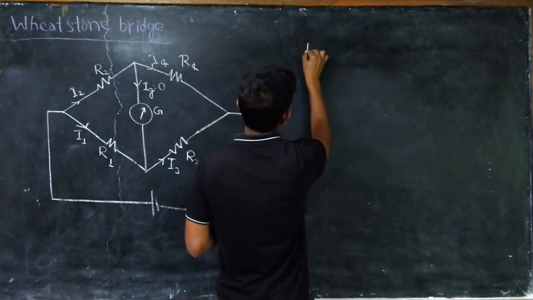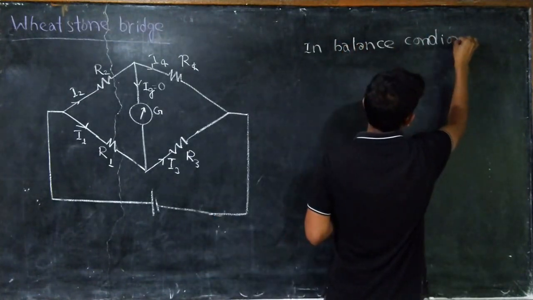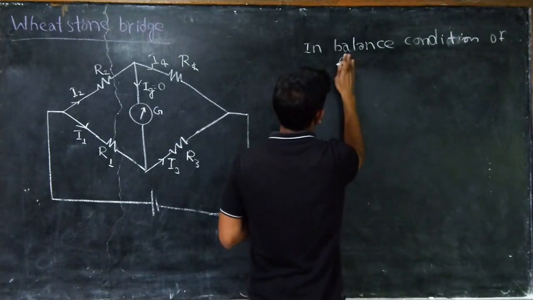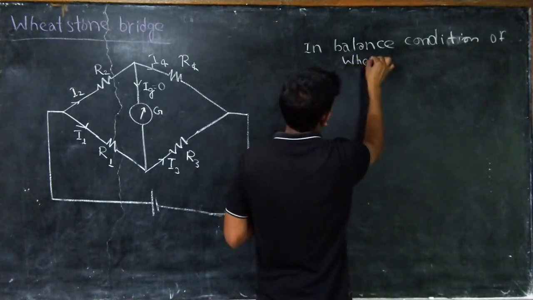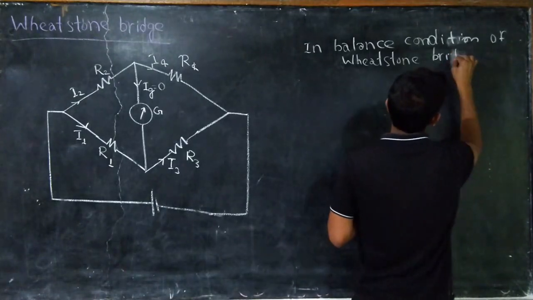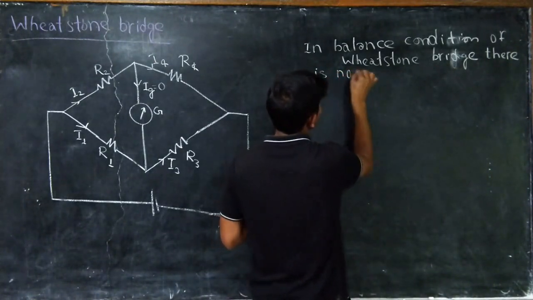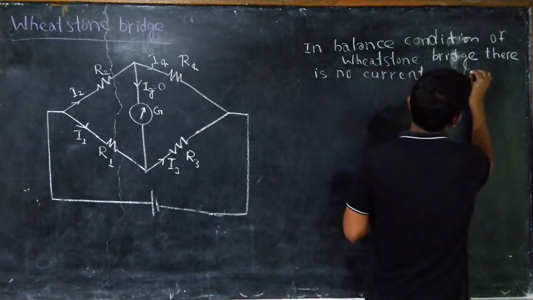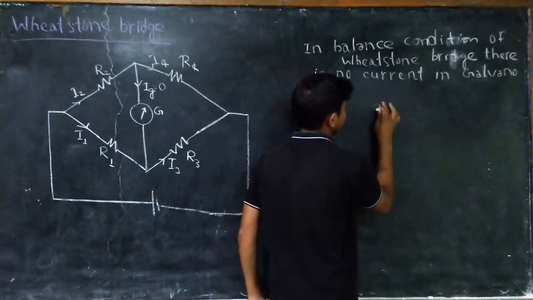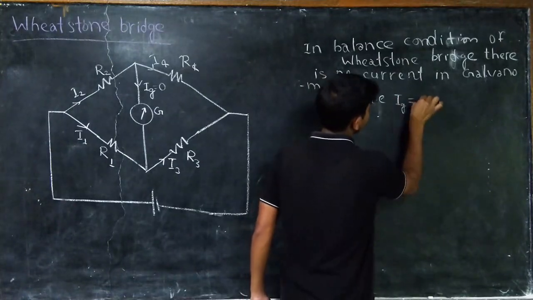So we can write: in balanced condition of the Wheatstone bridge, there is no current in the galvanometer, that means IC is equal to 0, right?